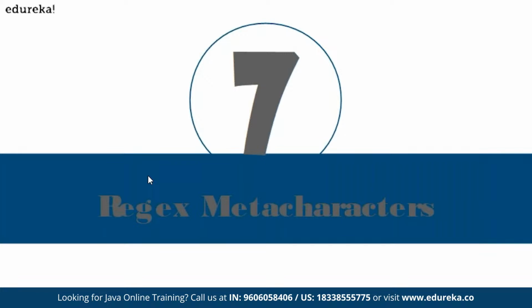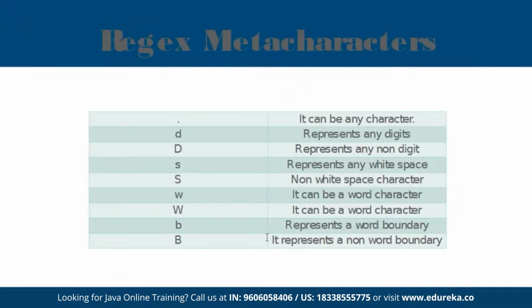What are regex metacharacters? They are nothing but regular expression metacharacters that work as shortcodes. Here you can see the table for these shortcodes. Dot can be any character, may or may not match the line terminator. Small d represents any digit, short for 0 to 9.